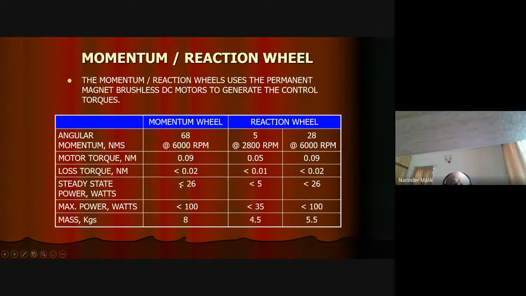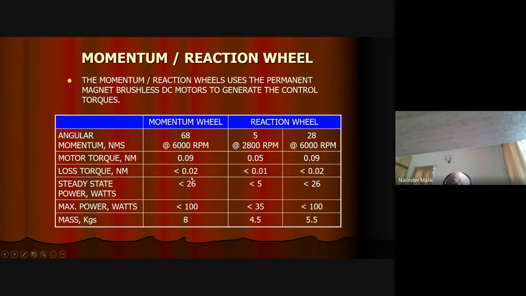Steady state power consumption: when the wheel is running at a constant speed, to compensate for this lost torque, you need power. Basically, the higher the RPM, the steady state power will be proportional to 2 pi omega into the friction torque T. Omega is the running speed, and T is the friction torque.